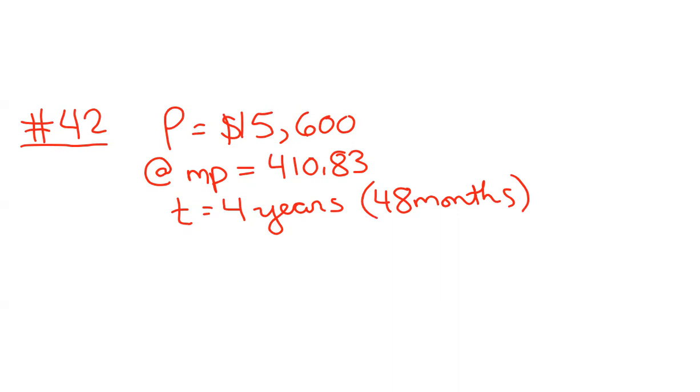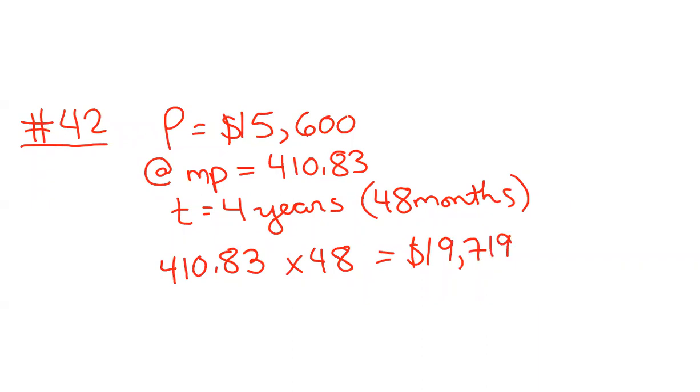I don't even know if we need that. Let's see. So the amount of interest paid, if we pay $410.83 for 48 months, right? Then we pay a total of $19,719.84, right?